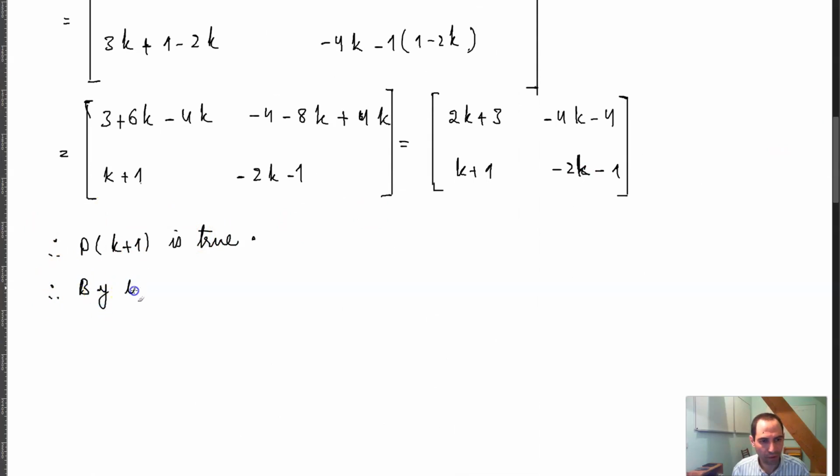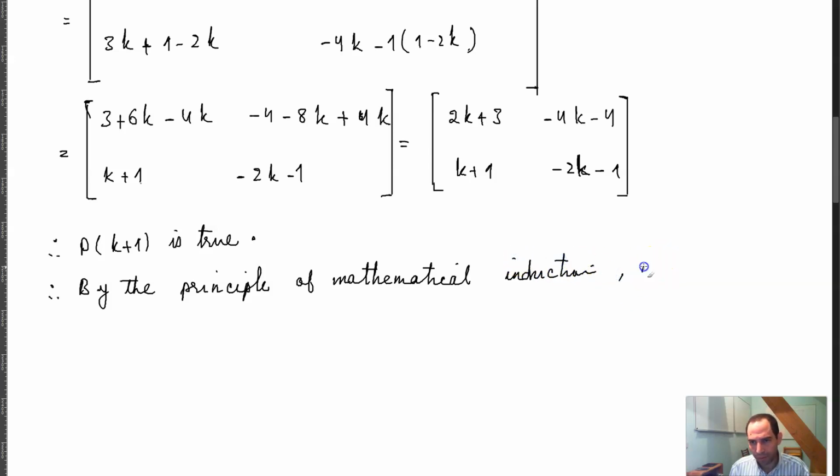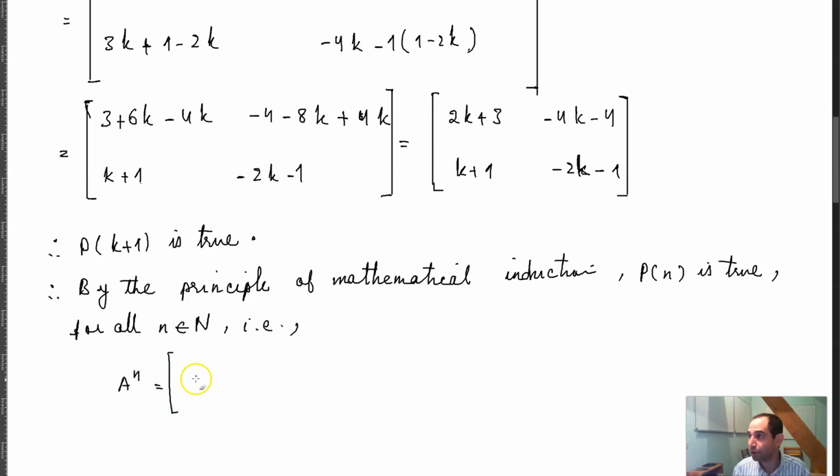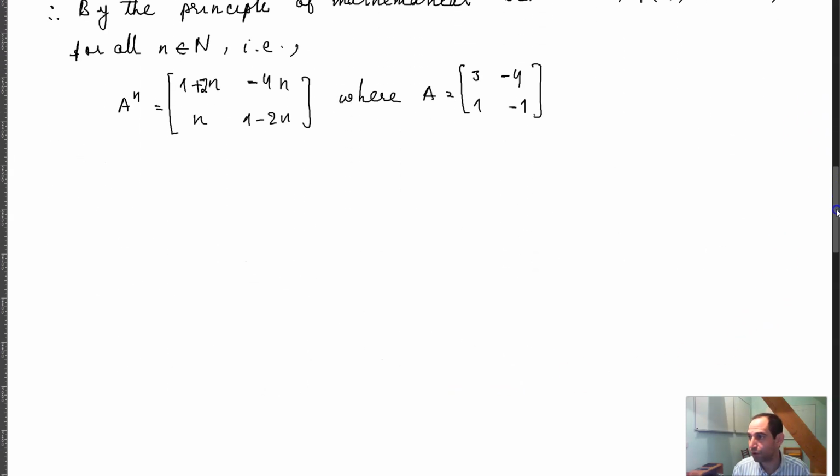Therefore, by the principle of mathematical induction, P(n) is true for all n belonging to the set of natural numbers, or all positive integers basically, that is, A^n = [1+2n, -4n; n, 1-2n], where A = [3, -4; 1, -1]. That was the proof for number 3.